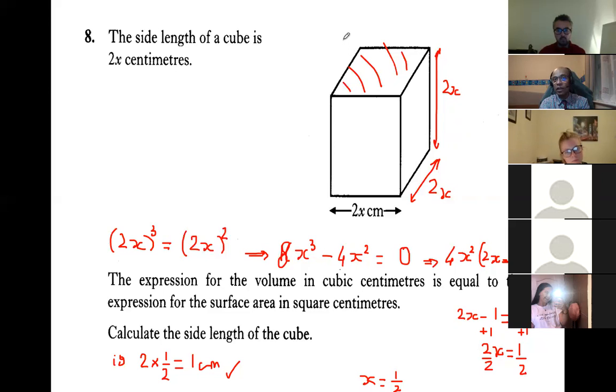So with 1 as a side, the area of 1 centimeter squared is equal to 1 centimeter cubed. That means I know I've got the right answer, because I've quickly checked that 1 centimeter cubed would work with 1 centimeter squared.